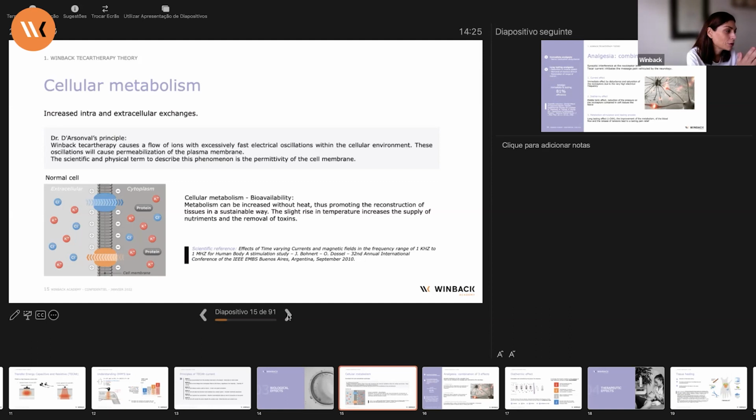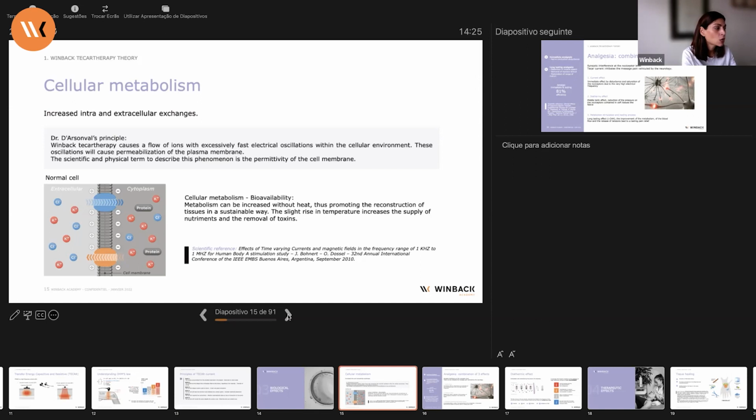Winback Tecar therapy causes a flow of ions with excessively fast electric oscillations within the cellular environment. These oscillations of the ions will cause a permeabilization of the plasma membrane. The scientific and physical term to describe this phenomenon is the permittivity of the cell membrane.